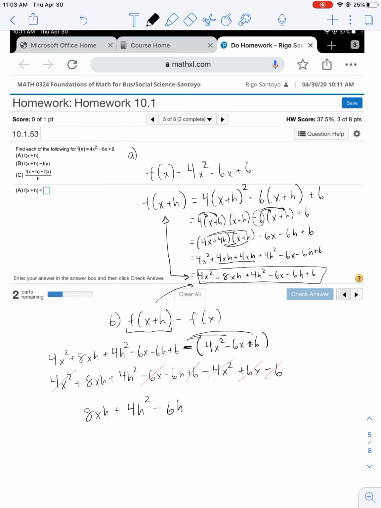Let me just double check here. Plus 4h squared minus 6h. What am I missing here? 8xh plus 4h squared.